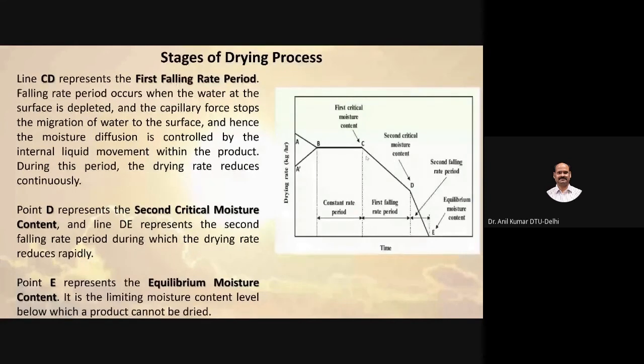During this period, the drying rate reduces continuously because most of the moisture has evaporated up to point D. D represents the second critical moisture content, and the second falling rate. And E is the equilibrium moisture content, which is a very important factor.